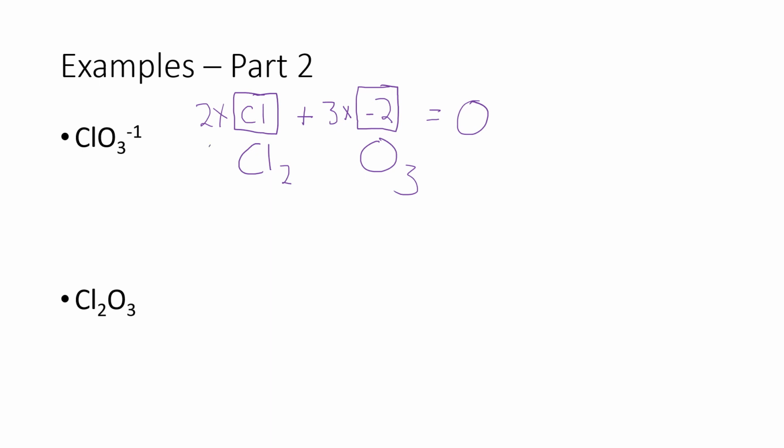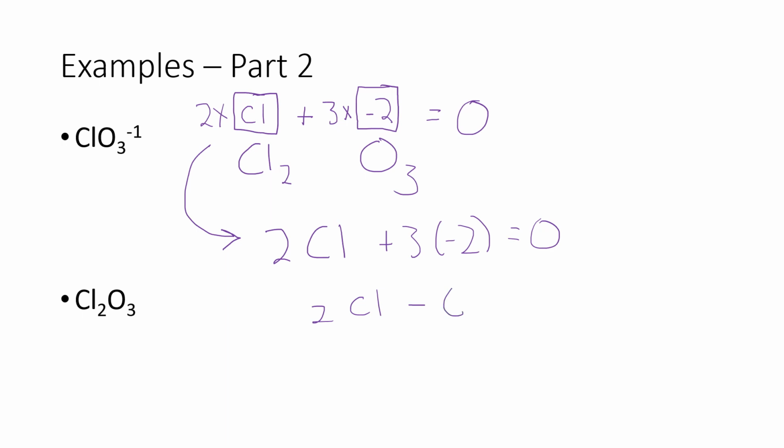So I'm going to just take that and rewrite that to clean it up a little bit. We're going to have 2 times the oxidation number on chlorine plus 3 times a -2 is equal to 0. So that's telling us 2 times chlorine, and then the 3 times a -2 is a -6. That gives us is equal to 0.